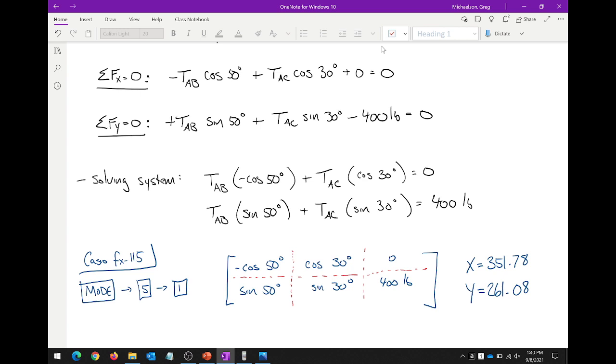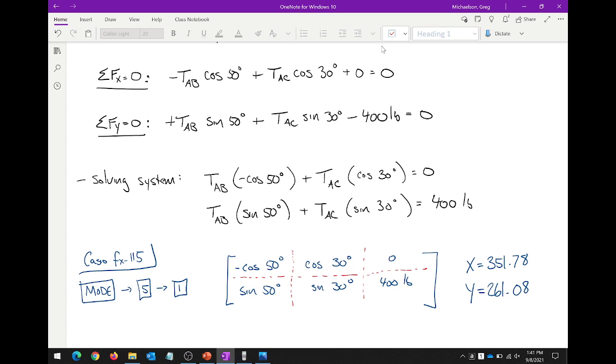One of the hallmarks that you've done this correctly is that you should get positive answers for both of them, okay? And that should pretty much be the case for everything that we do between now and exam 1. Because what we're doing is solving for forces that are in tension.